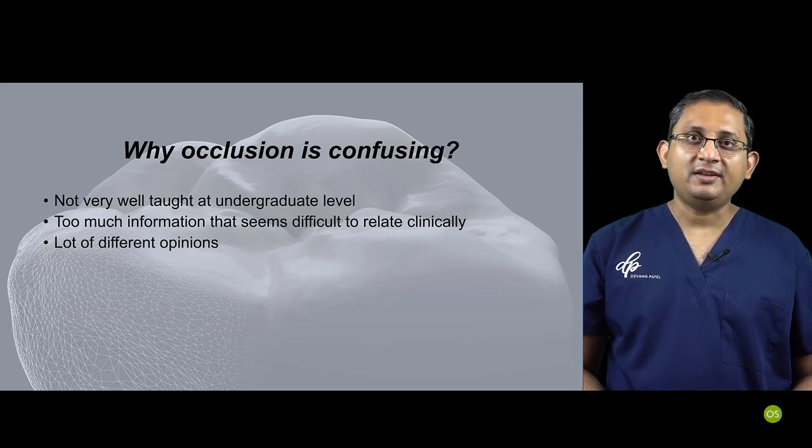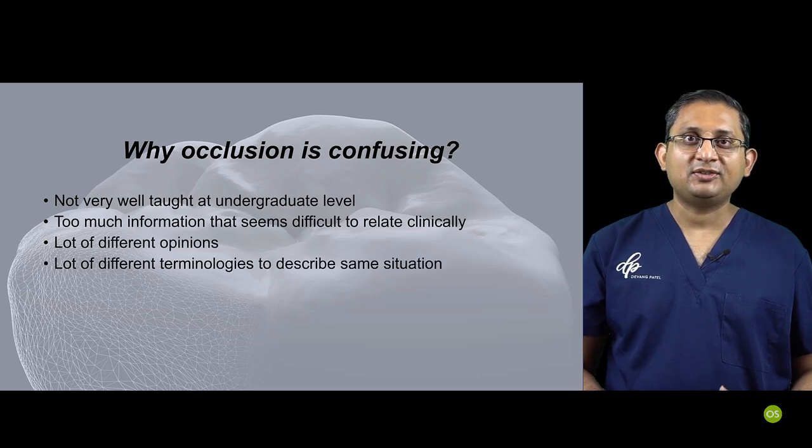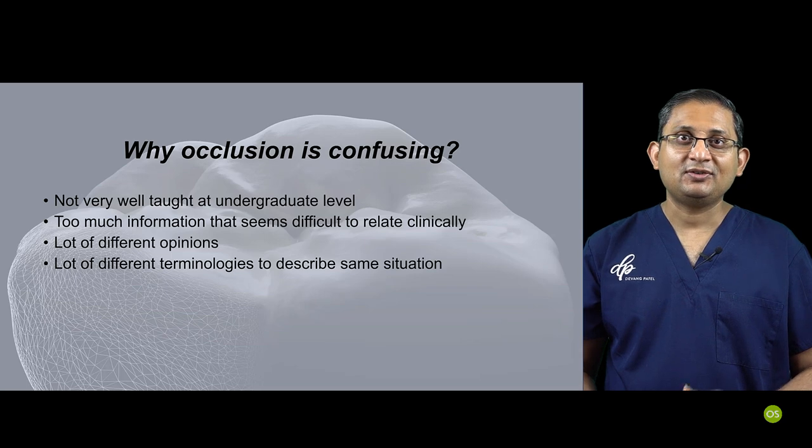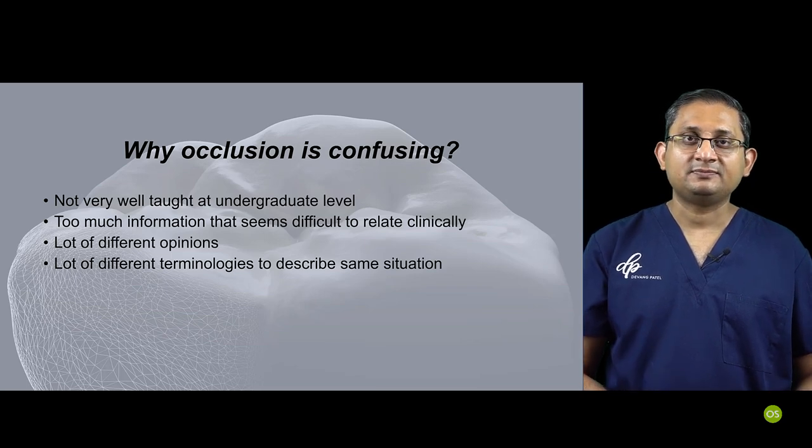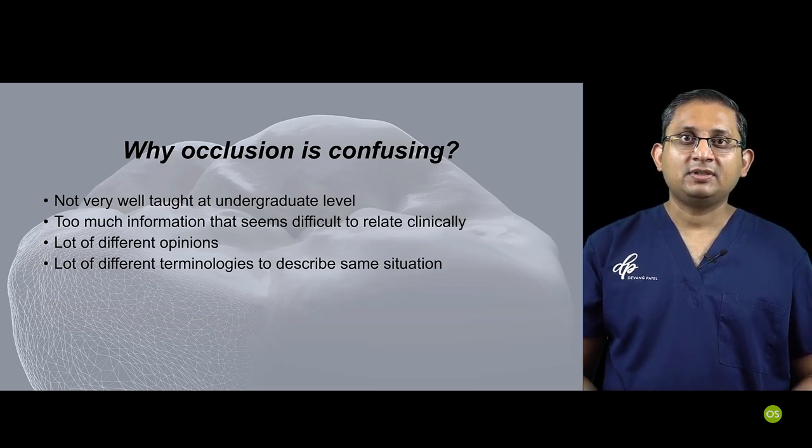It's not just the opinions. People with different opinions use different terminologies to describe different things. One example is that the definition of CO in 2000 was different from the definition of CO right now.